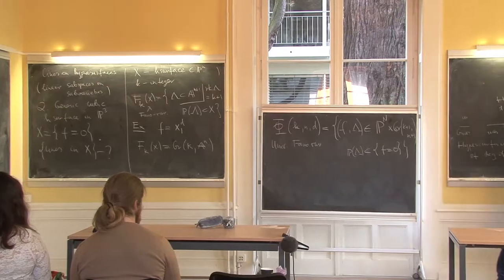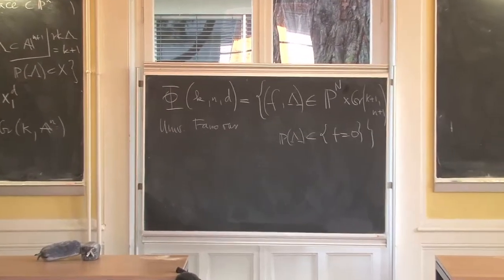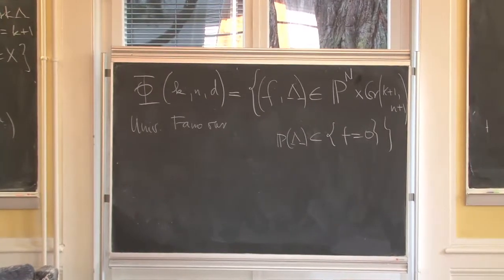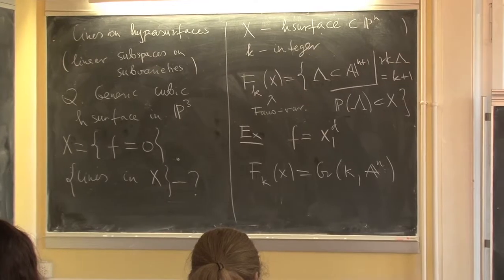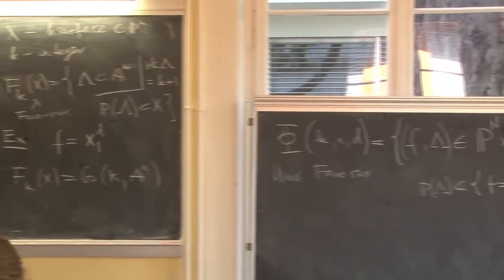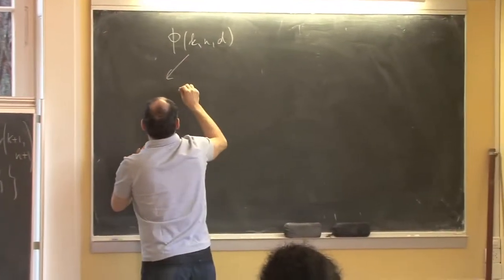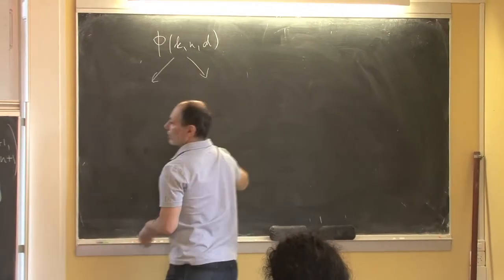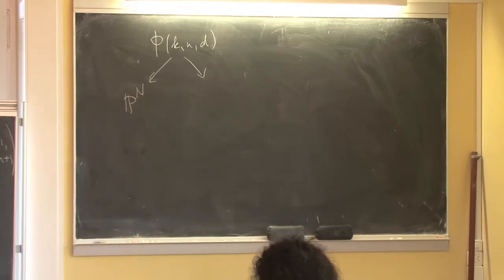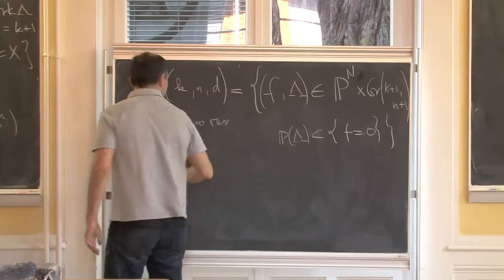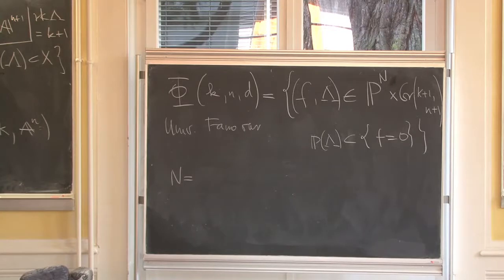The fantastic thing here is that this allows me to look at this thing, which looks awfully complicated if I fix f, in the opposite way. And this is a very, very general trick which will help us in the other direction. So now I have, if you like, two projections. I have Φ_{k,n,d}, so I can map it onto P^N. Let me explain this N here. N is the space of all degree d polynomials.